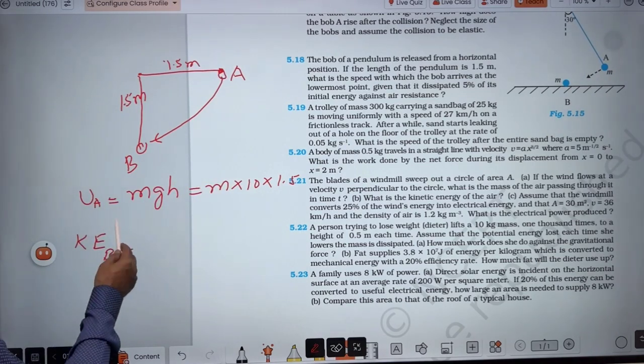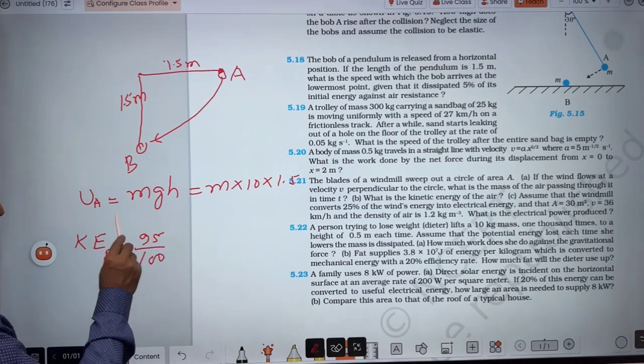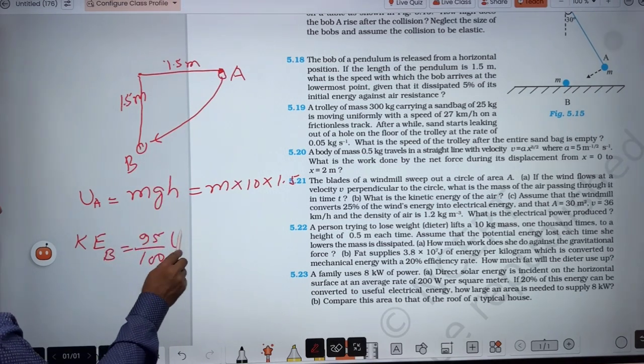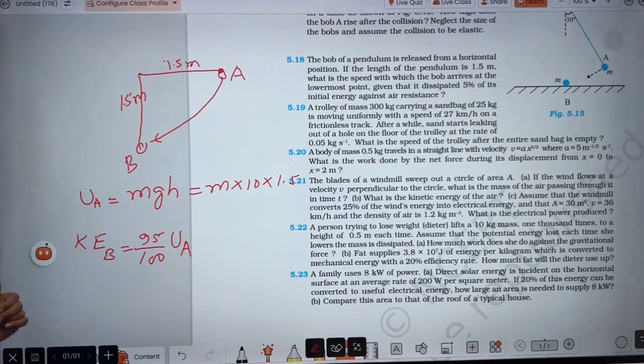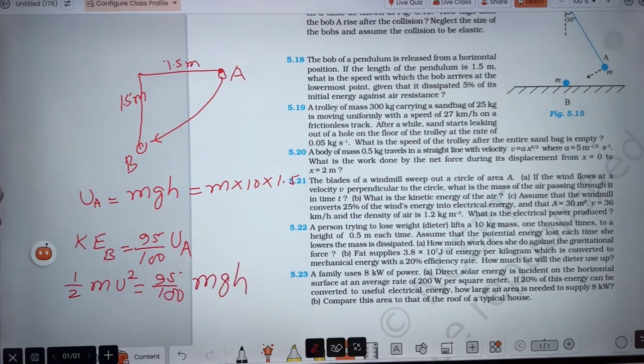So we just take 95% of energy at A. Now what we do? We write 1/2 mv² equal to 95/100 of energy at A, that is mgh. I think this is very clear.